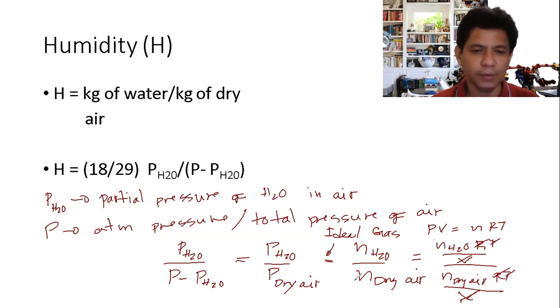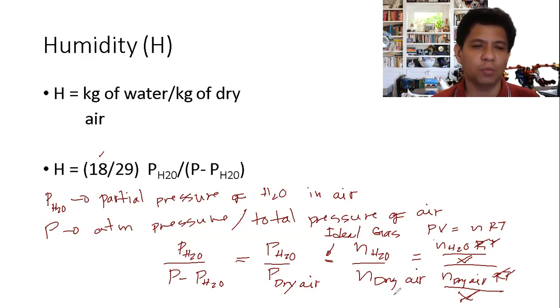Thinking in the same context, NH2O divided by N dry air: when you multiply NH2O by 18, the molar mass of water, you're going to get the mass of water, the kilogram of water.